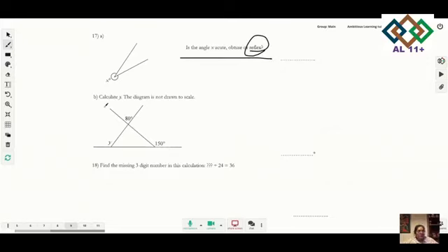In part B, they're asking you to calculate y, and why the diagram is not drawn to scale. When you have something like this, remember the straight line means it's 180 degrees, but to find y, you first need to find the angles inside.